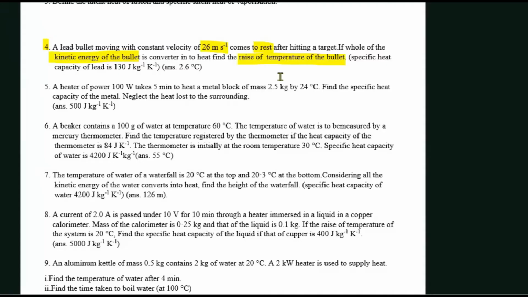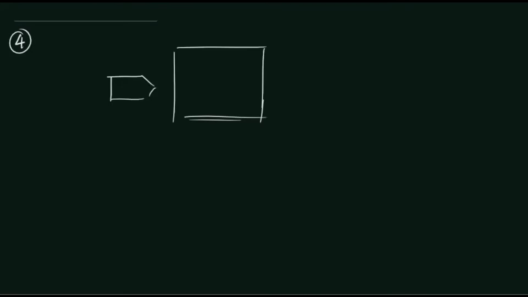So it's like this. There's initially a bullet. They're saying a lead bullet moving with constant velocity 26 comes to rest. So this was initially moving with u equals 26 meters per second.